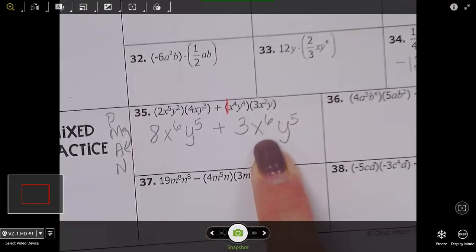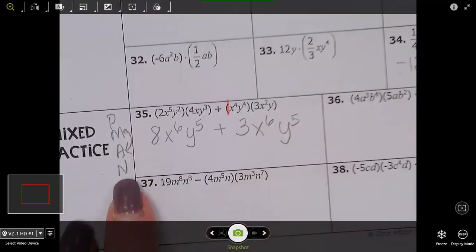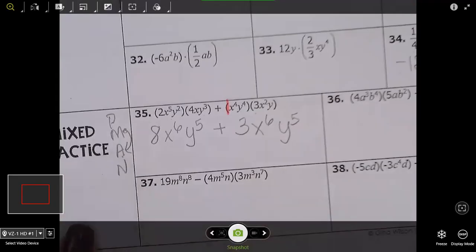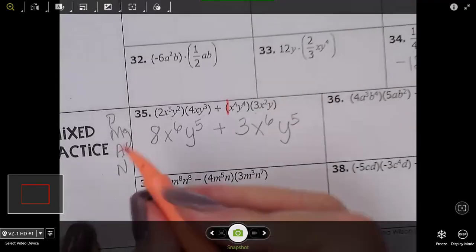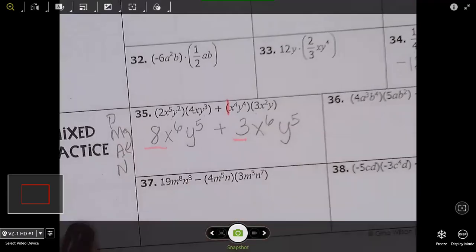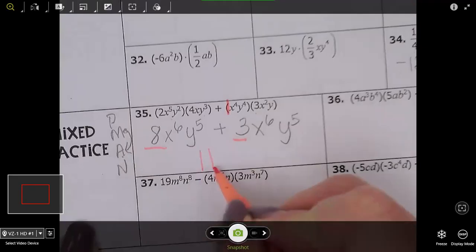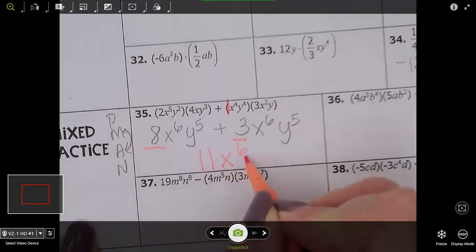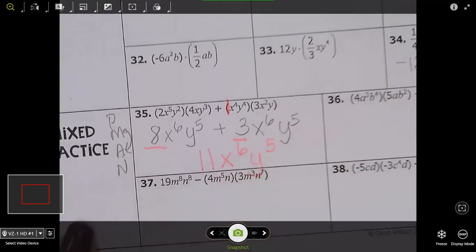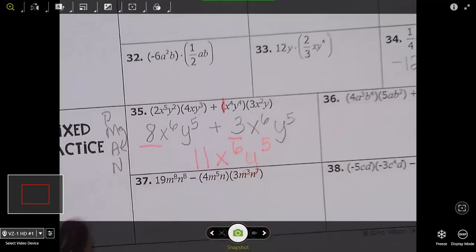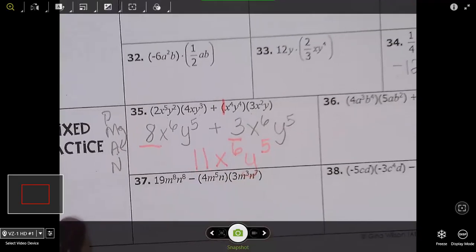So remember, when I add, I'm going to do nothing to the variable and the exponent. So I'm just going to add 8 plus 3. Anybody get that? 11. And this is so simple. Do nothing to the variable and the exponent.